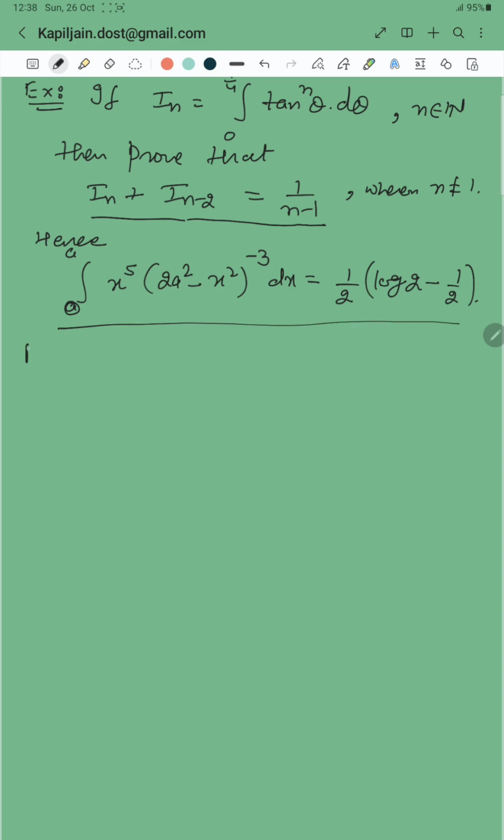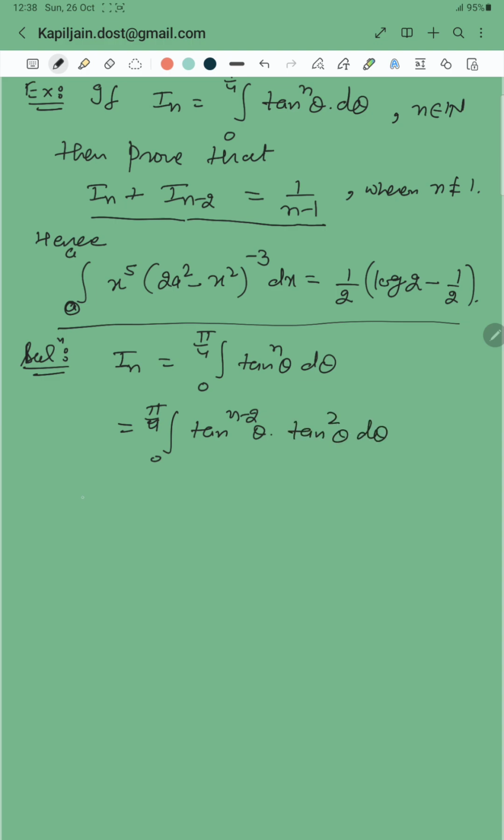So start the solution. I n is equal to integral 0 to pi by 4 tangent raised to power n theta d theta. Now this integral is equal to 0 to pi by 4 tangent raised to power n minus 2 theta into tangent square theta d theta.